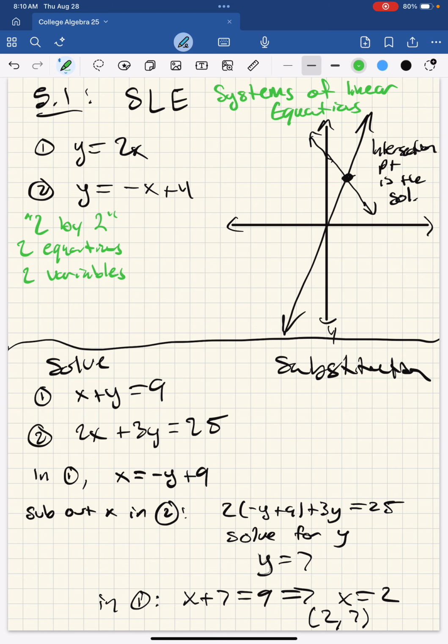Let me write that down. And the coaching point is just to pick the path of least arithmetic. So solve in whichever equation appears to be the simplest to you.